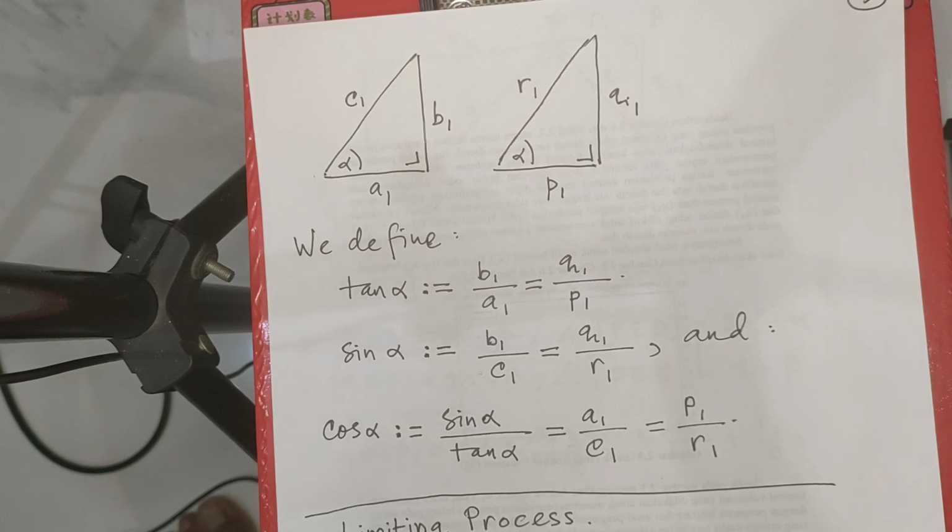Of course, since tangent and sine of alpha already exist, then we can define cos alpha as sine alpha divided by tangent alpha. That's why so far we have the definitions of trigonometrical ratio of a rectangular triangle without using the Pythagorean theorem.